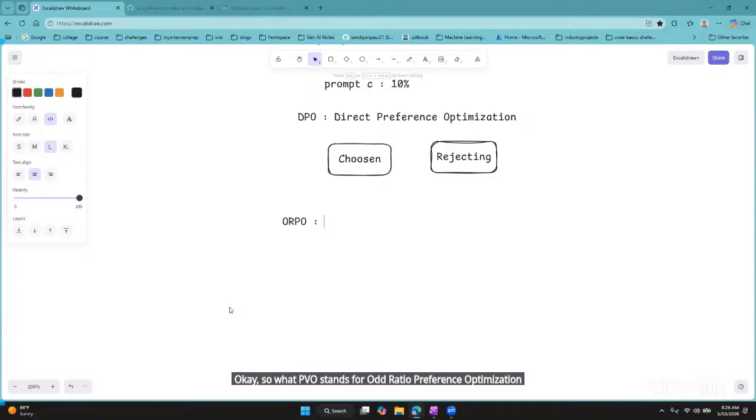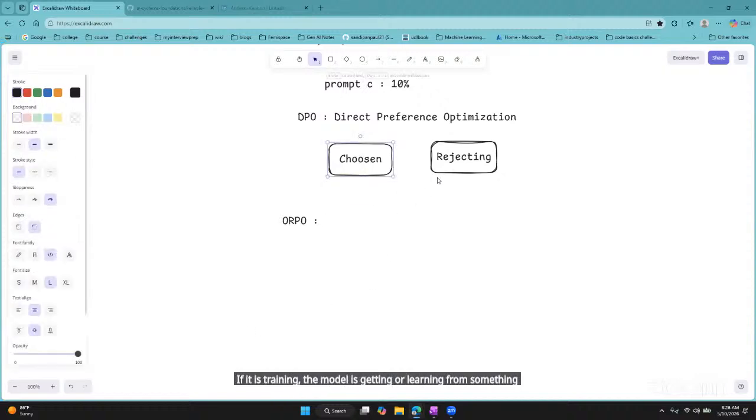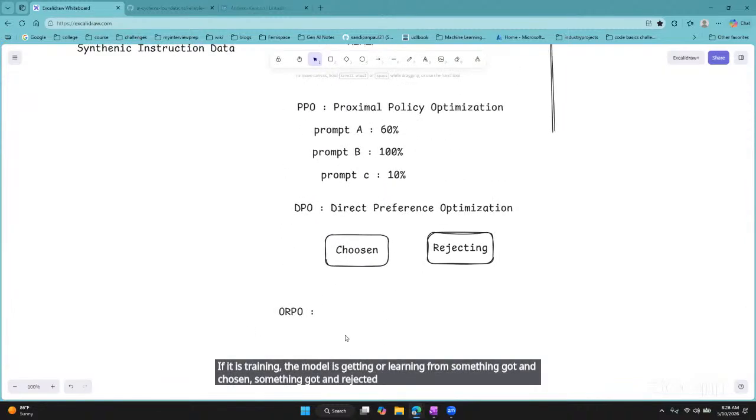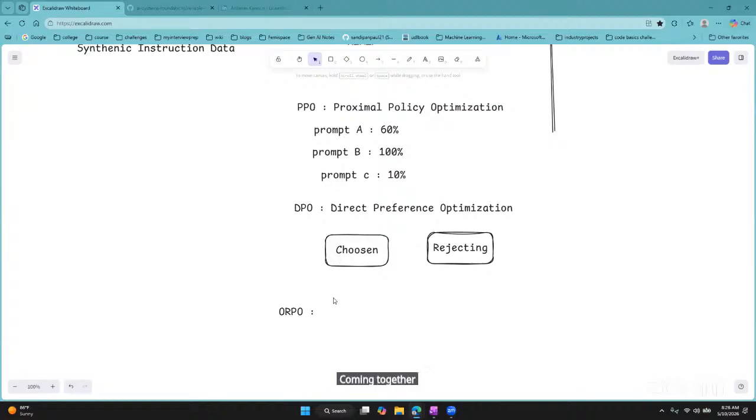That means supervised fine tuning and preference optimization both come together in one training objective. That means the model is learning from something chosen and something rejected. So both techniques, supervised fine tuning and preference optimization, come together and provide the responses by filtering the odds ratios from the user response.